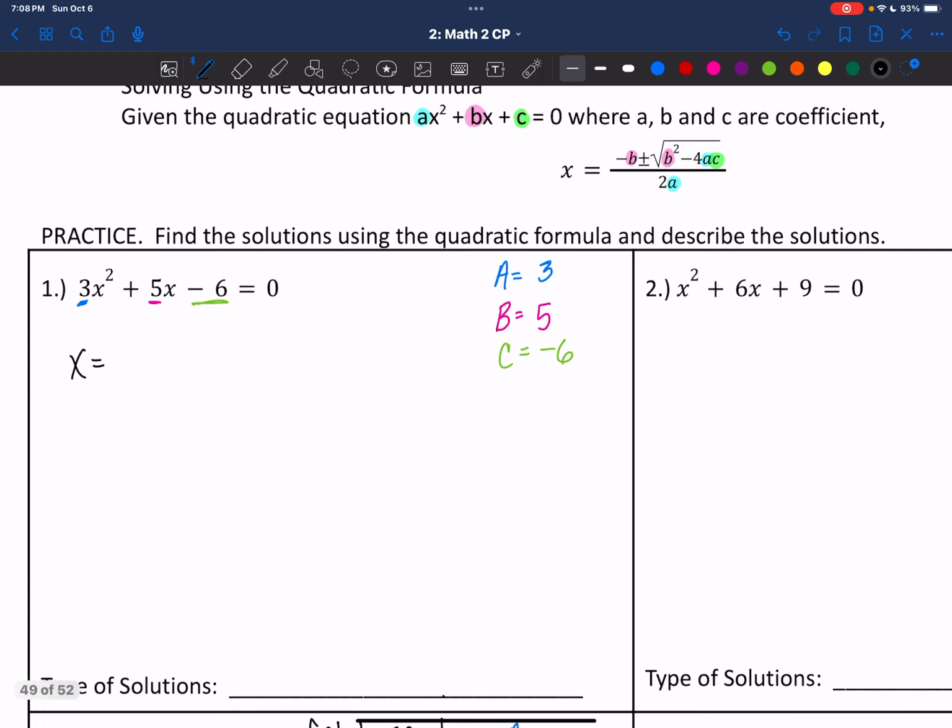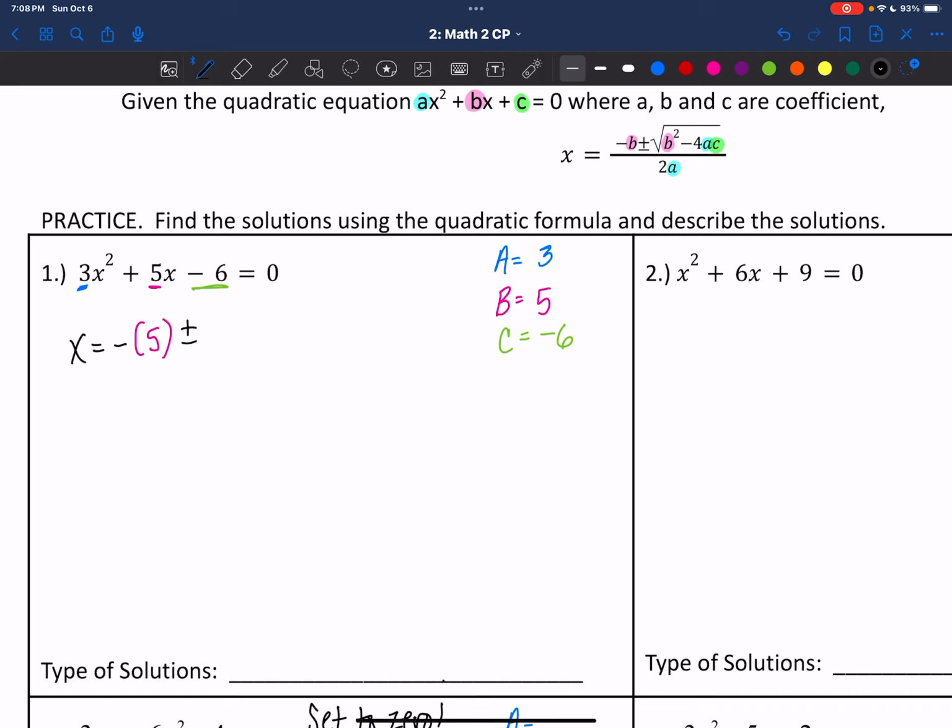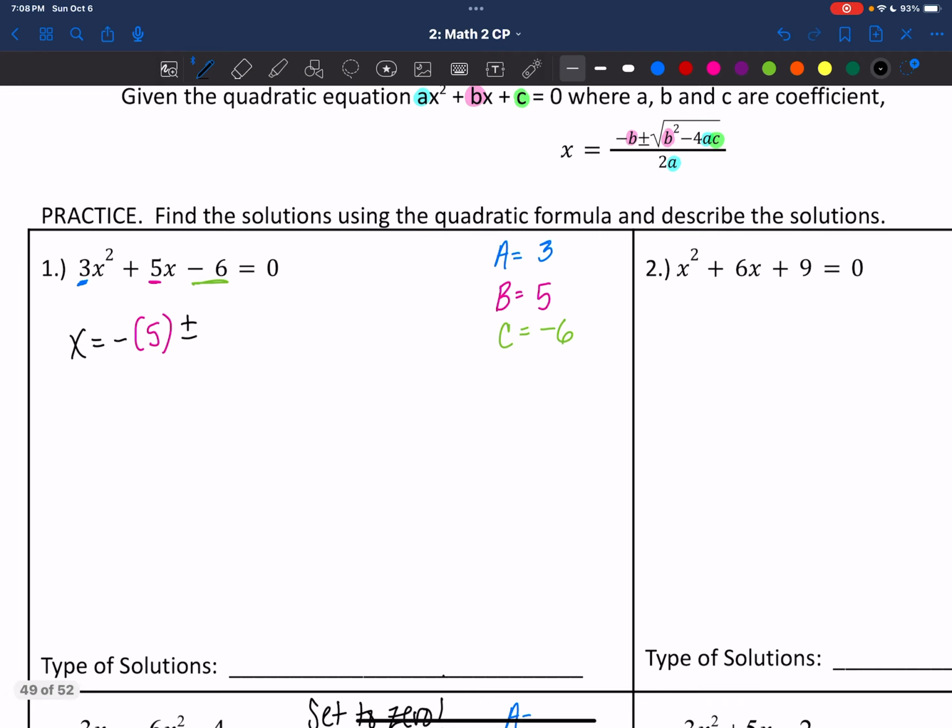We said negative b, and remember, I always put parentheses around it whenever I'm substituting, just in case there's a negative or another number that needs to be simplified some way.